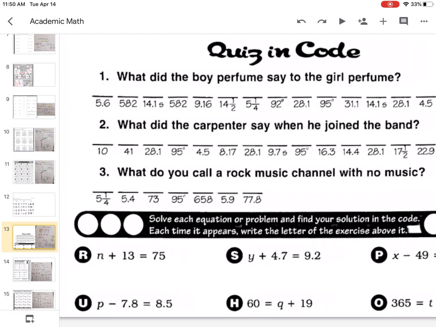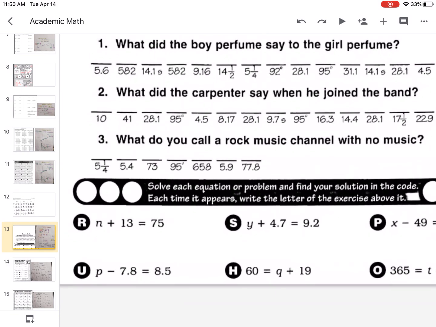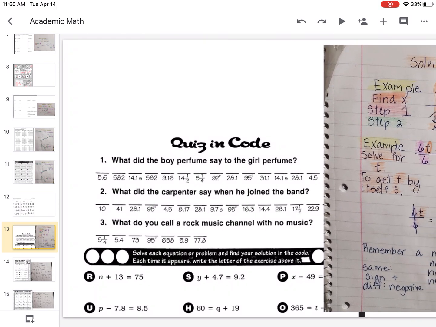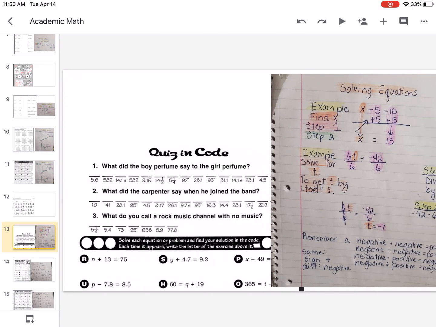Okay, so this is quiz and code. I've cut off part of this worksheet here, but it's okay. We can still do it. You're just solving for variables. If you remember, we're solving for letters. The numbers are a little bit bigger, and some have decimals, but they're the same thing.